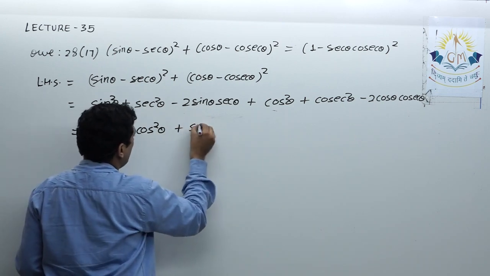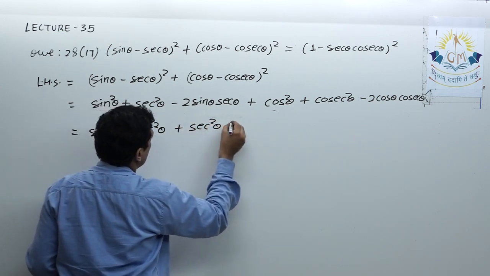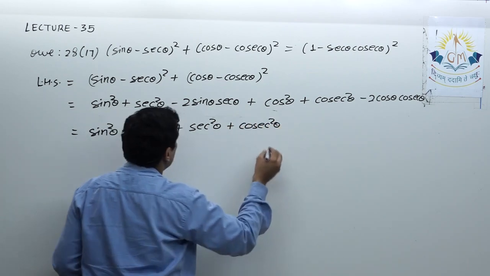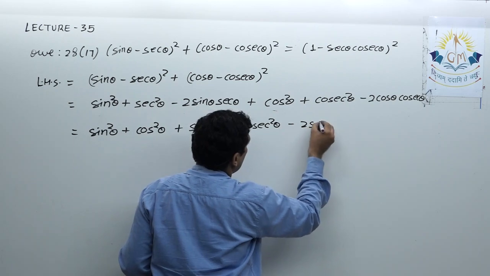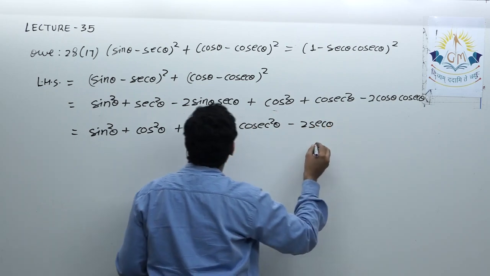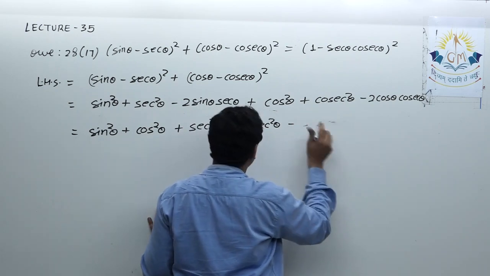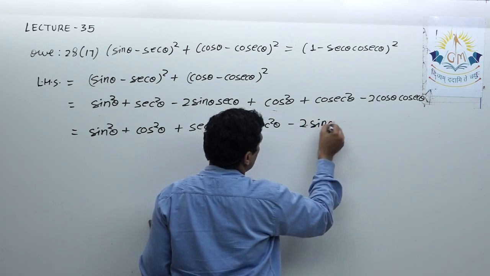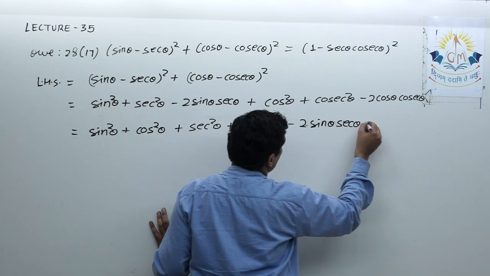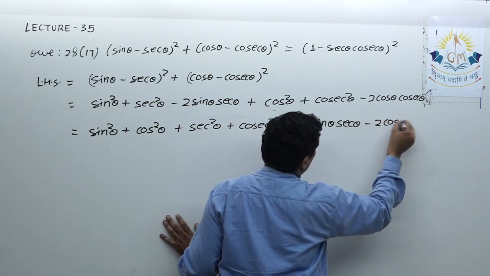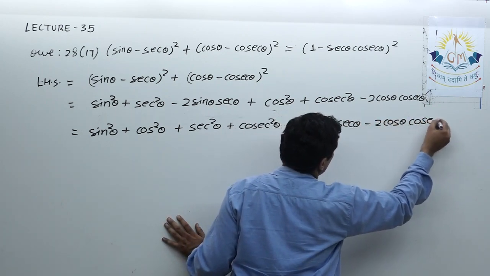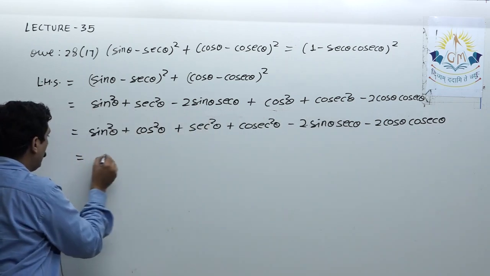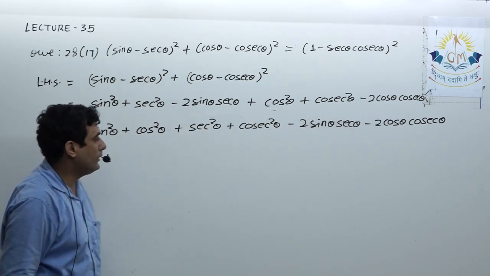Then I write sec square theta, then cosec square theta, then minus 2 sin theta sec theta, minus 2 cos theta cosec theta. Okay, so here I got 1. Now what next?